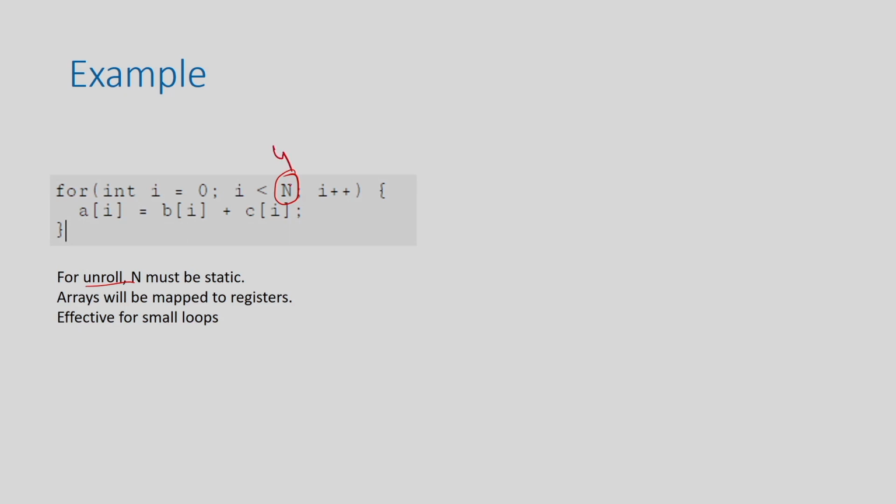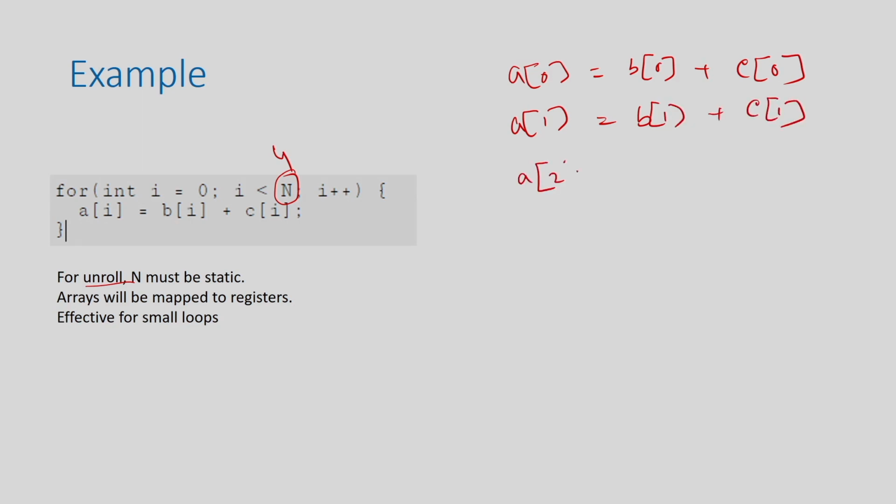Then, in the 4 iterations, if I unroll the loop, the code will look like this: A0 equal to B0 plus C0, A1 equal to B1 plus C1, A2 equal to B2 plus C2, and A3 equal to B3 plus C3, right.